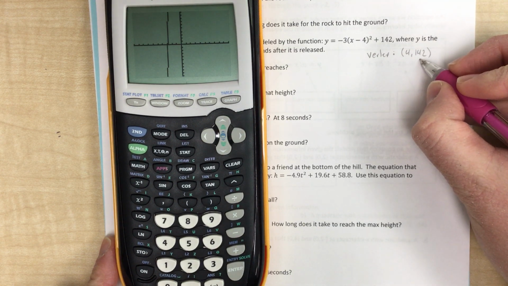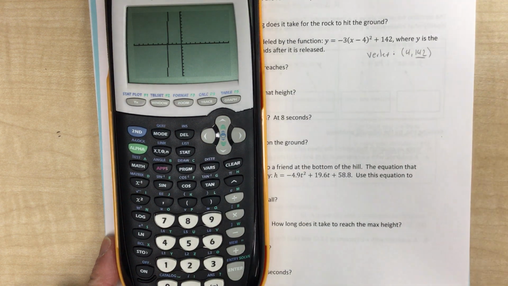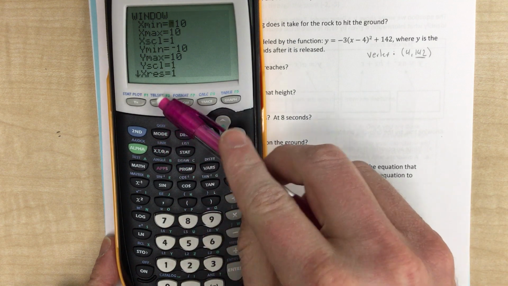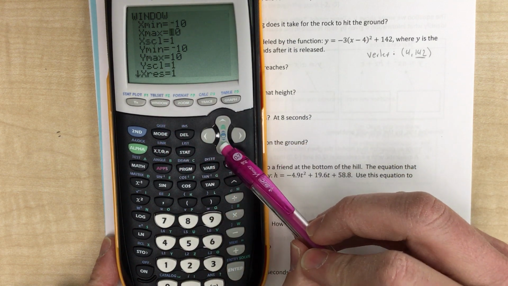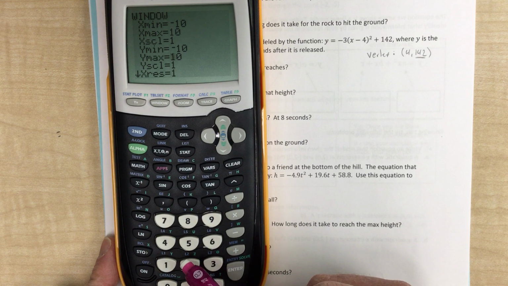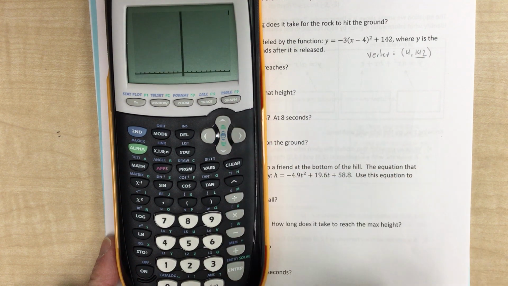That means the y value for our vertex is 142, which means our window needs to be a lot higher. So we'll click on window, and we'll scroll down to our y max, and I'm just going to do 200. And we'll graph that, and we can see that parabola.